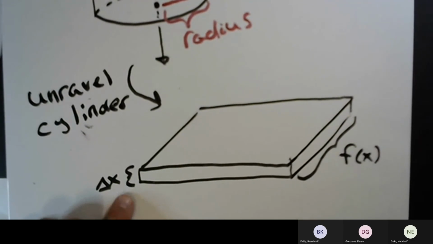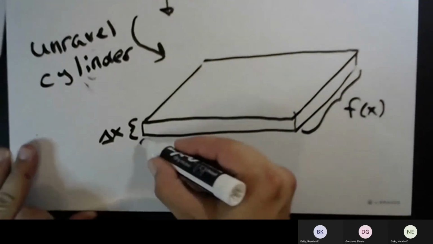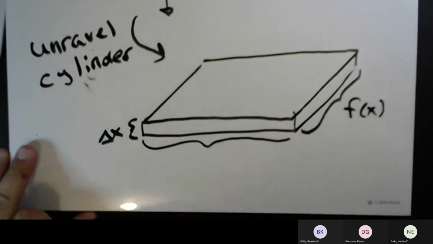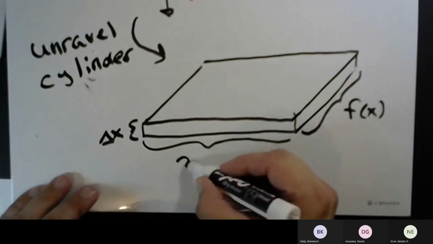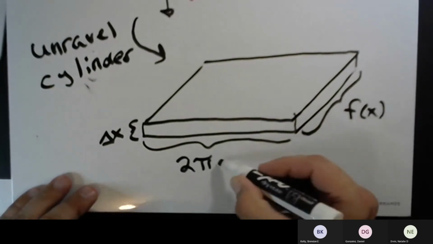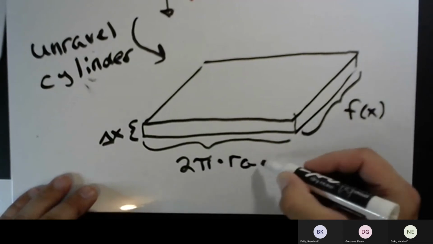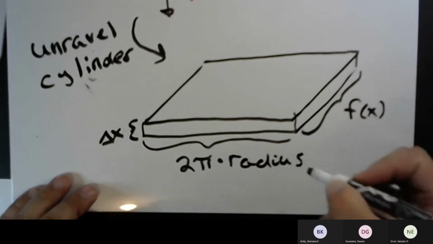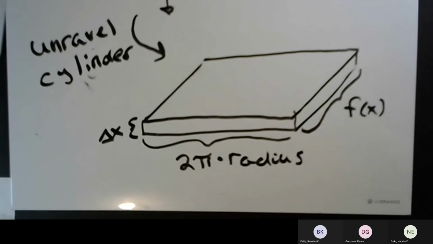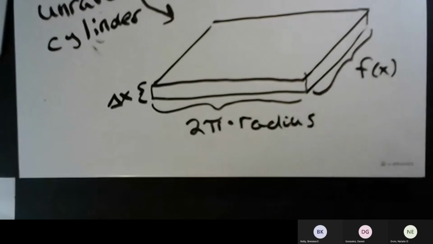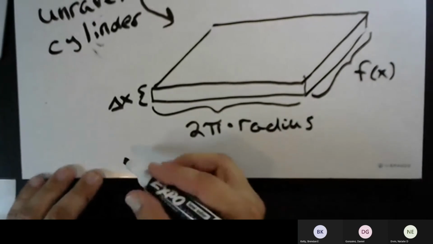Here's that thickness delta x, and then the length of this volume, well, this is 2 pi times the radius.